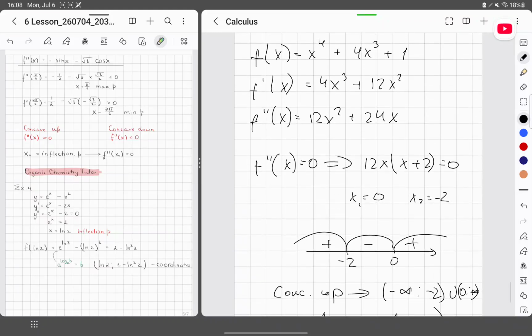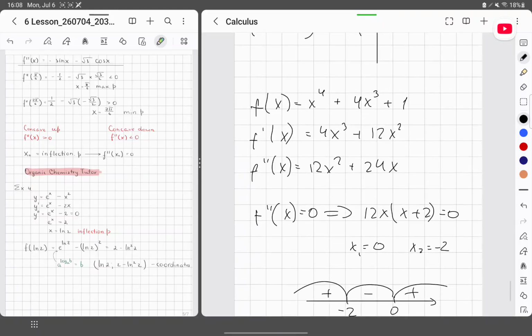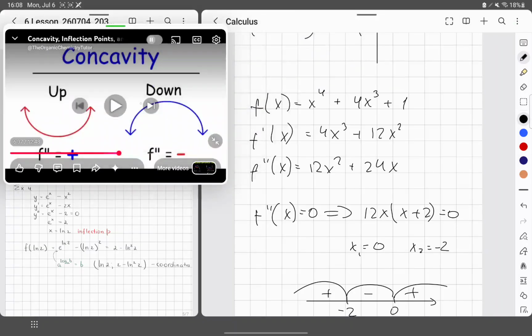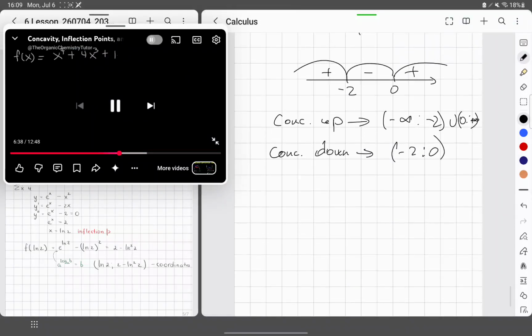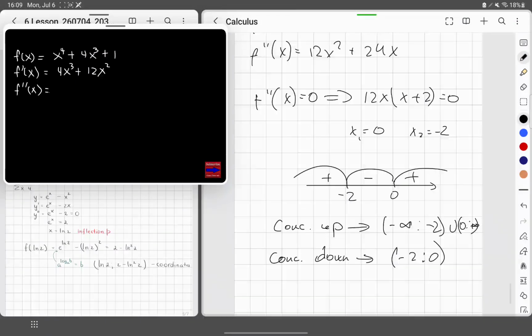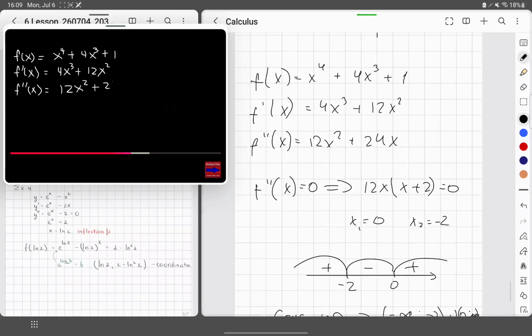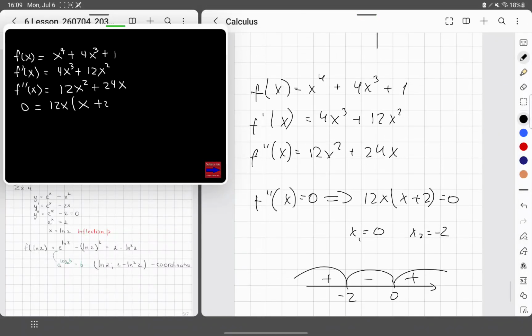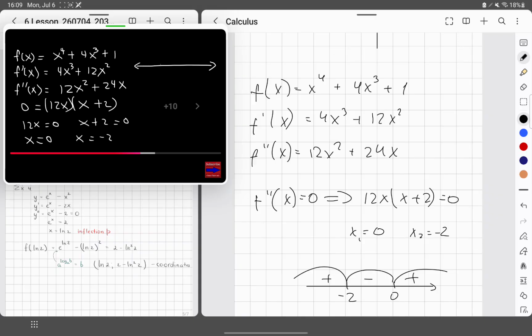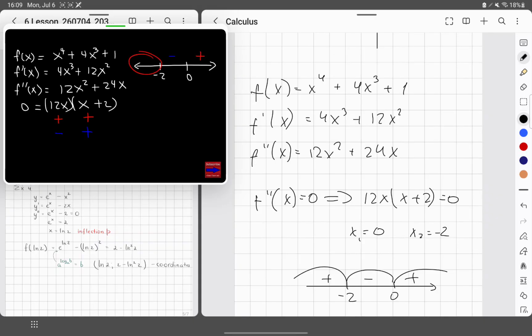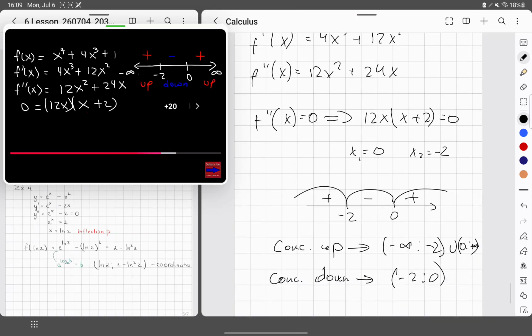We will have the coordinates, but first let's check. Let's pick a test number less than negative 2, like negative 3, and 12 times that.